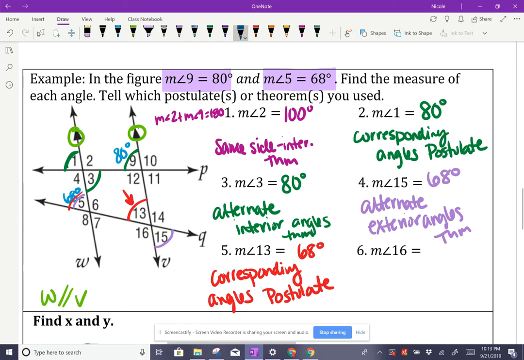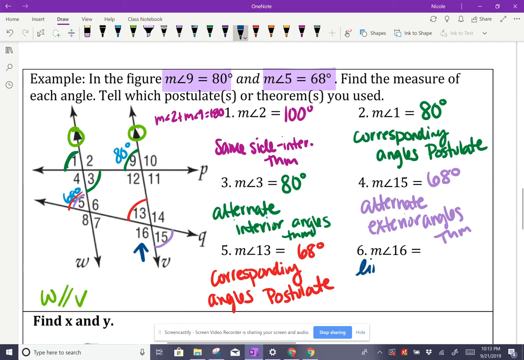Okay, now let's look at the measure of angle 16. So 16 is over here, and we know it is a part of, or a linear pair with 15, which is totally fine. We also can use angle 13, which it is also a linear pair with.